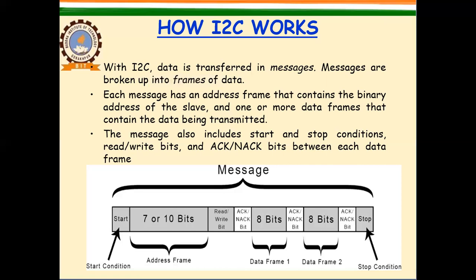Here it is not the same. Here the message has start and stop conditions, read write bits, and acknowledgement bits between each data frame. So in this protocol, the user can easily identify whether the data sent to the slave is actually received in the correct form or not after sending each data.